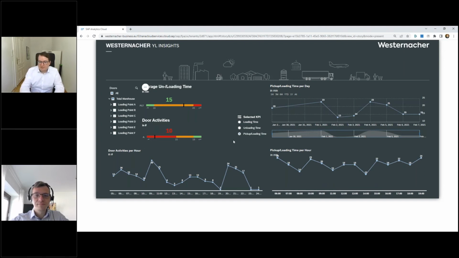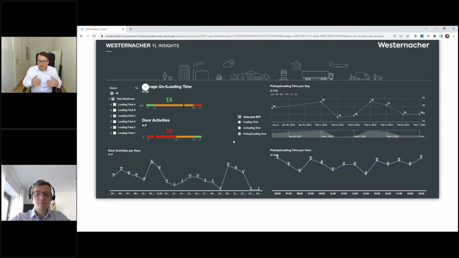There is an exception. Something is happening with this loading point. Something must be a problem there, for example the machinery broke down, the unloading facility broke down, something like this. This is all with this online monitoring, with this online reporting.